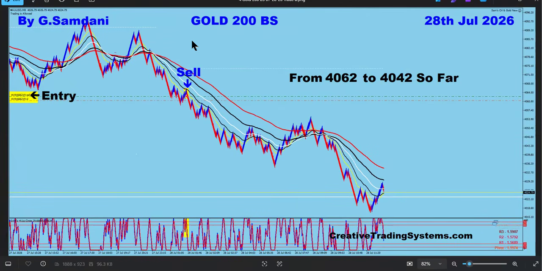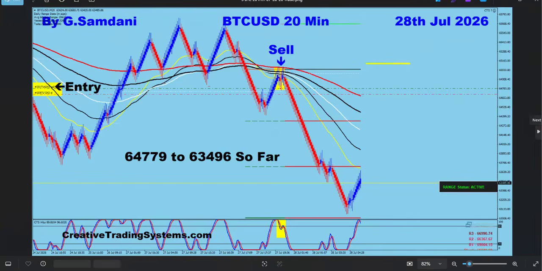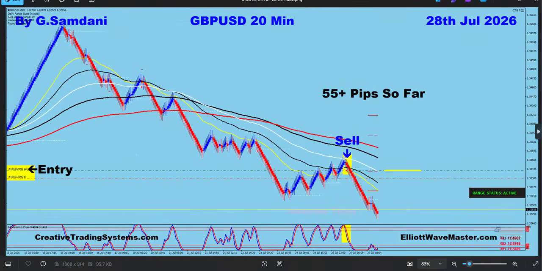Gold, I showed you that it's going to come down. So this was the entry going down all the way from 40.62 to 40.42, right? This one here, Bitcoin coming down here. I had setups in Bitcoin and I make the chart and then I wait. I don't wait, but I put my CTS 7, which is an EA that automatically opens the trade when the setup is there.